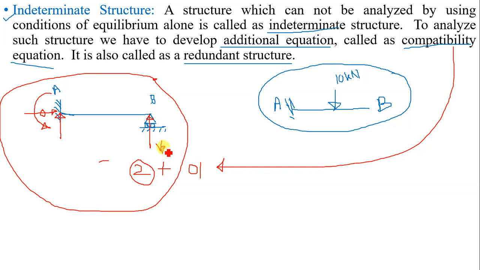We can develop the compatibility equation in terms of displacement, which we will learn in the next subject. Here I can develop an equation using the condition that vertical displacement at B is equal to 0, and now I have 2 equilibrium equations and 1 compatibility equation: 3 equations, 3 unknowns. I can solve this problem.